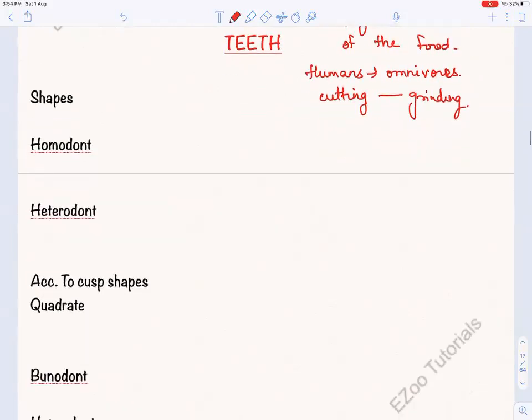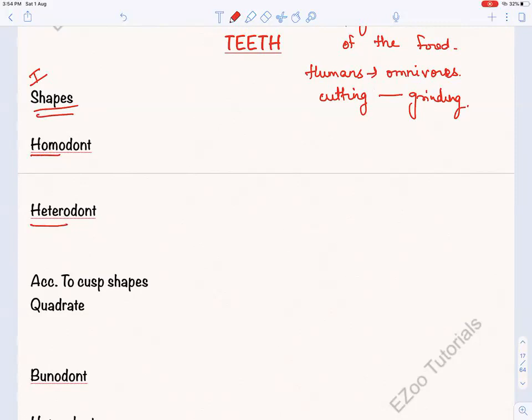If we see on the basis of shapes, the first basis I have taken is shapes, then the teeth can be either homodont or heterodont. Whenever the word dont comes, it means it is related to teeth or some dental thing. Homo means same, hetero means different.